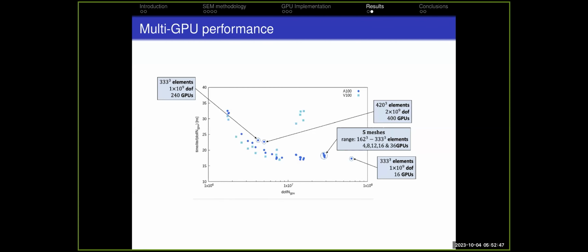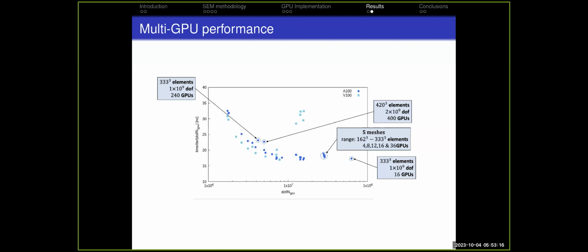A few months ago, we did a hackathon on the Argonne Polaris machine, where we tested meshes of up to 2 billion nodes using up to 400 A100 GPUs, the DGX versions of these GPUs, of course. And the times per DOF that we are seeing are actually quite fantastic. We are very happy with these timings.